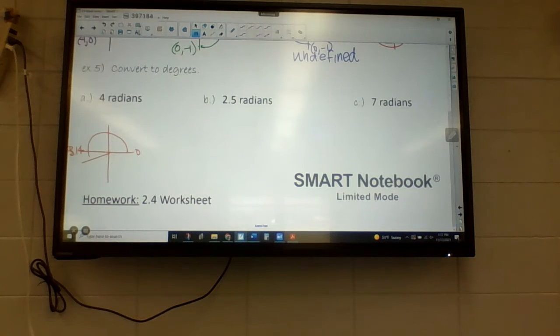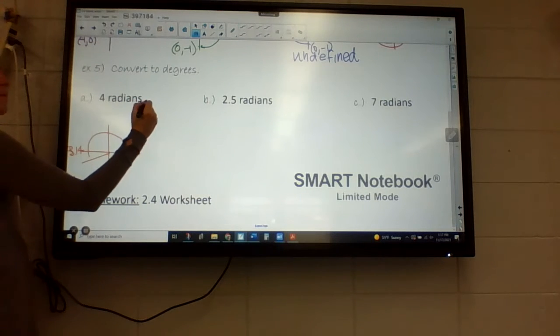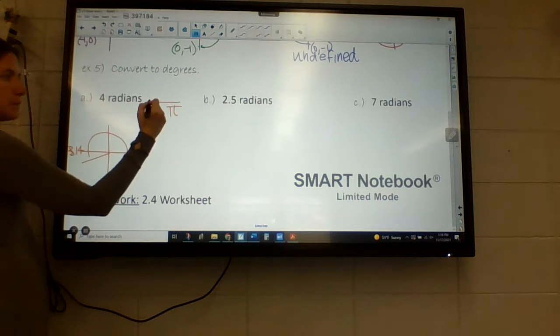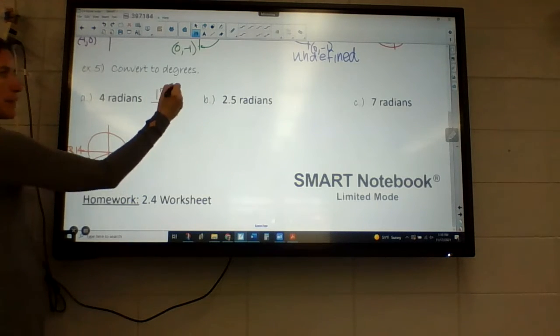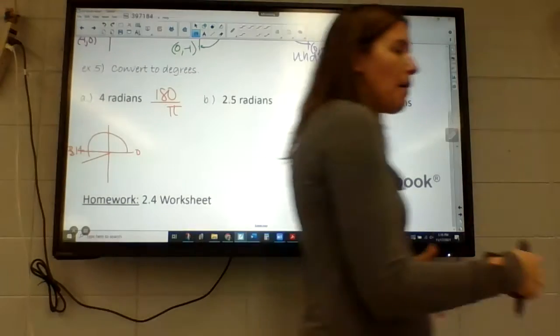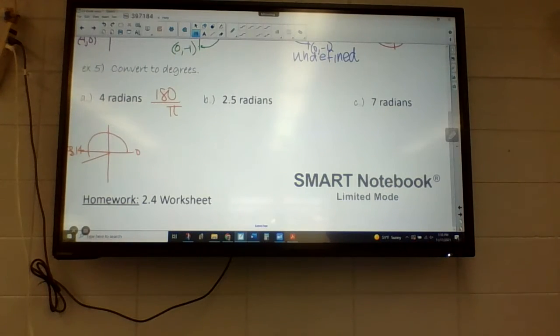So we need to convert this back to degrees, but this time it is okay to use the value pi in our calculator. We want to get rid of the radians, so we're going to put pi on the bottom and multiply by 180, so we do end up dividing by pi. So we're trying to figure out the degree measure.